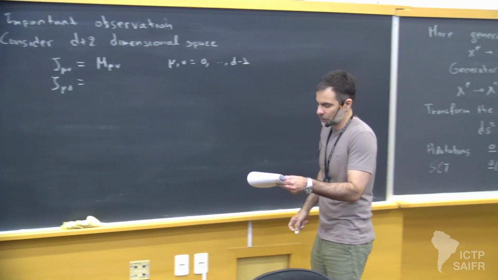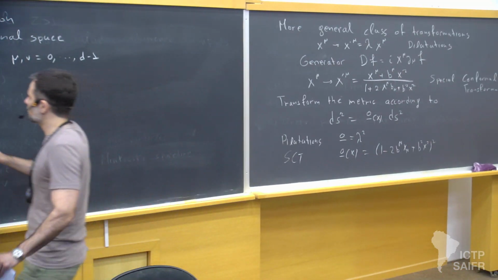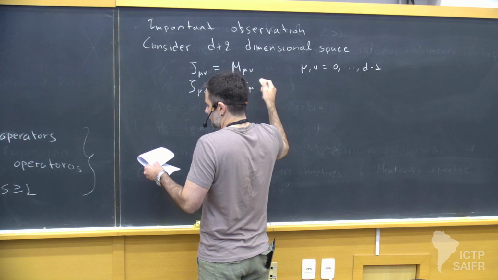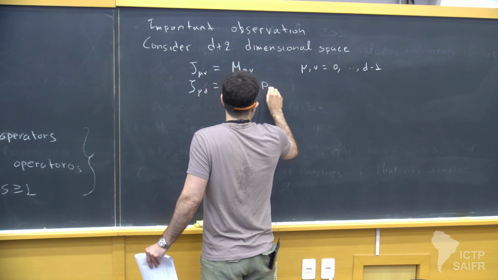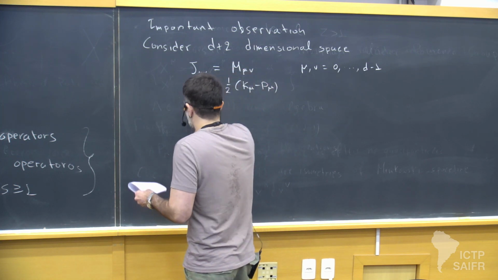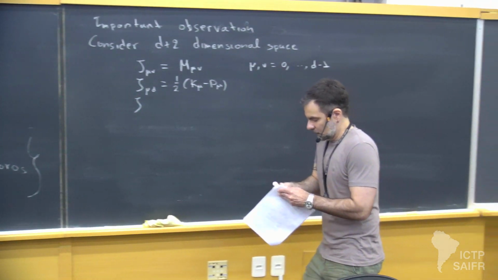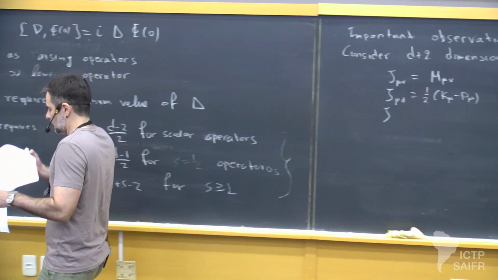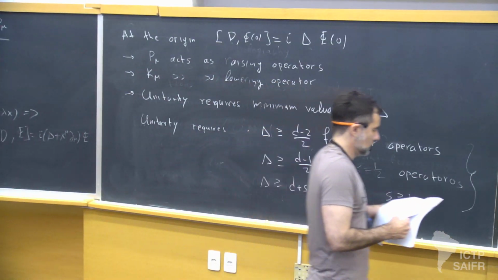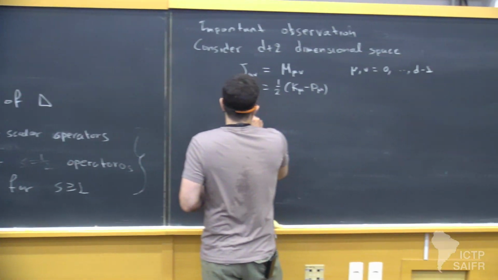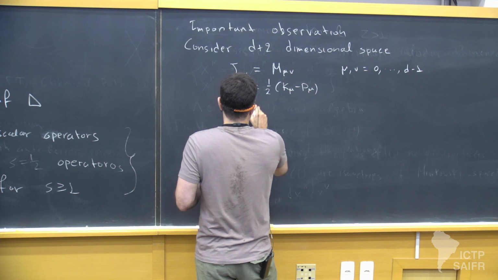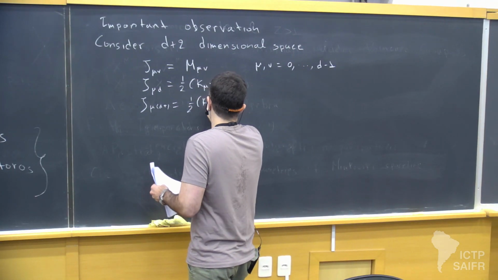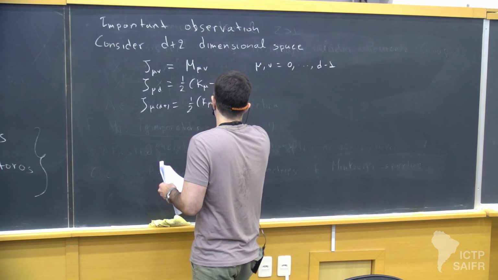If I take the second index to be D, I want to call this 1/2 (K mu minus P mu). I want to write the component mu, D plus 1, which is 1/2 (K mu plus P mu).